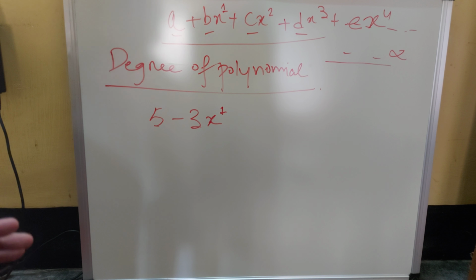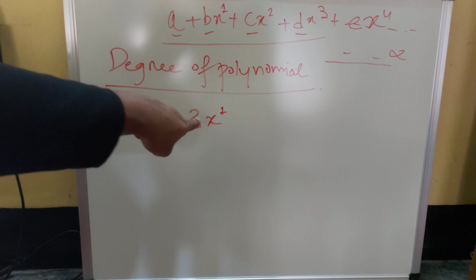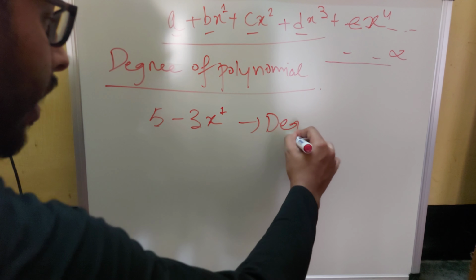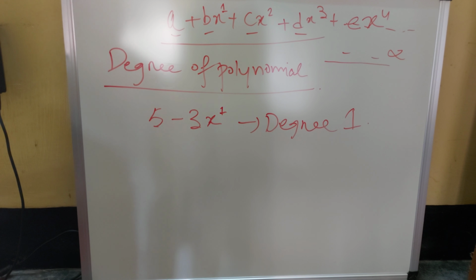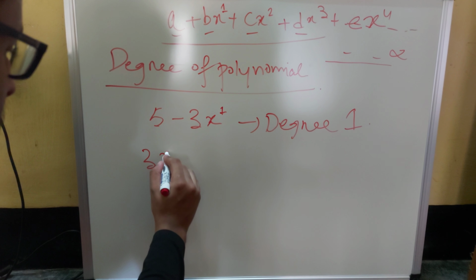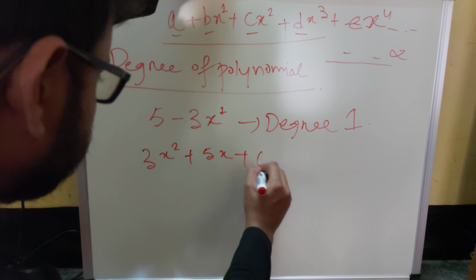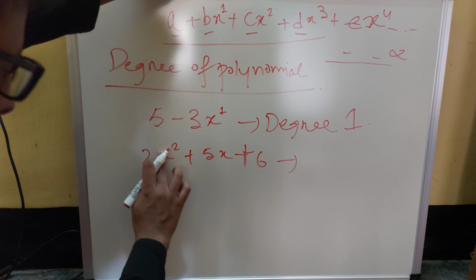So, the degree of a polynomial is what we see? The greatest power of the variable present. Now, in this case, 5 is a constant, 3 is a constant. What is the variable present? x. What is the power of x? 1. So, this polynomial is of degree 1. Second one: 3x square plus 5x plus 6. See this one very carefully.